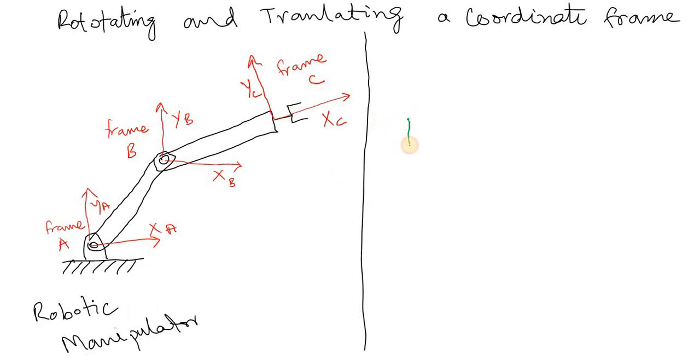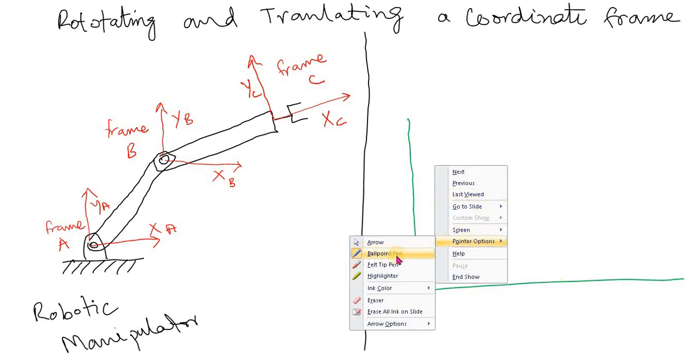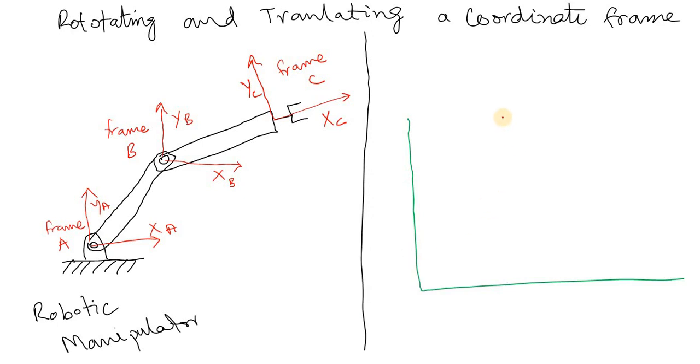So here, this is frame 1, frame A. And then we have another frame which is translated and also rotated with respect to frame A, and we call it frame B. And this is how it looks like. So this is frame B.